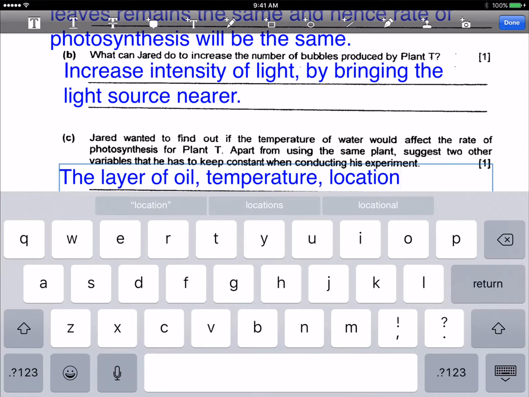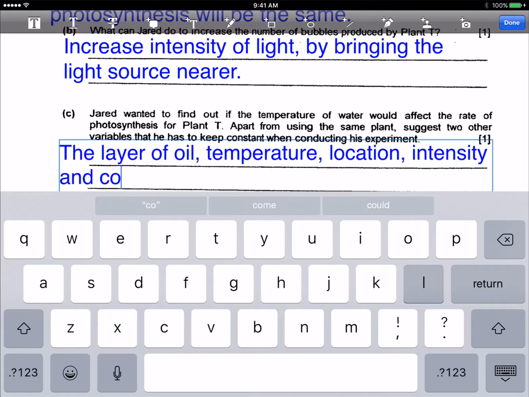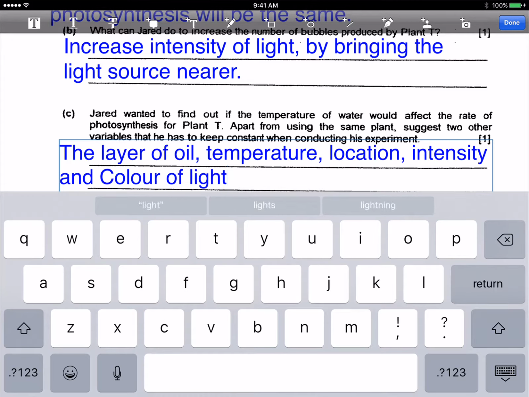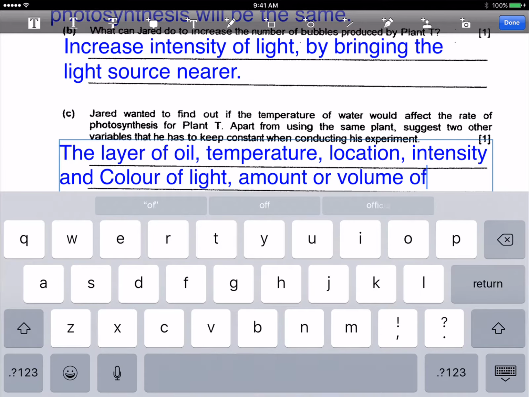Not really. Nope. Amount of water used. The intensity and color of the light. Yes, color it is. Alright, any other answers you want to check? Amount of water used, or volume of water.